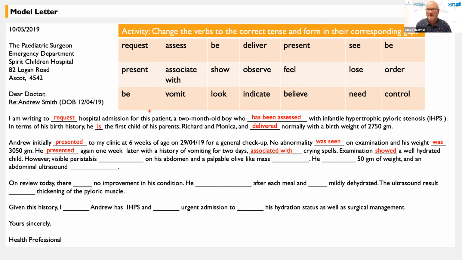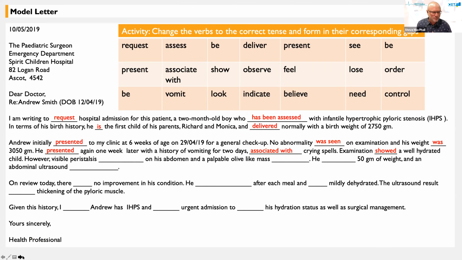Okay, and remember that we saw that in the case notes. However, visible peristalsis, because it's got the word here, visible peristalsis. Some people are writing the word "shows" back here, but this is past tense. So we must use "showed," and then visible peristalsis.